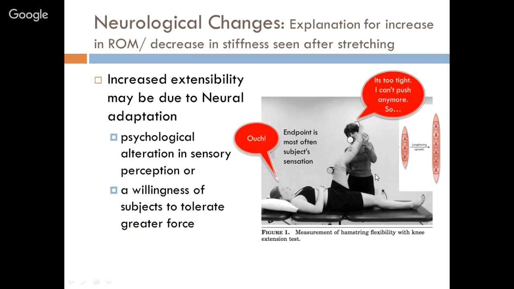But when they've looked into studies which have shown improvement in range, they found that the muscle length is not actually increasing. What is causing this improvement in stiffness or range of motion is the change in the sensory perception. Our patients often have pain at the end because they perceive a damage beyond which it will hurt.